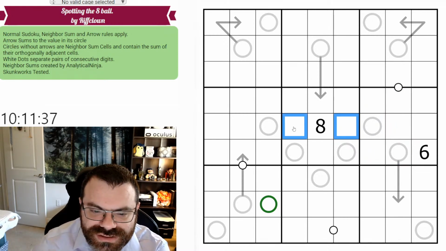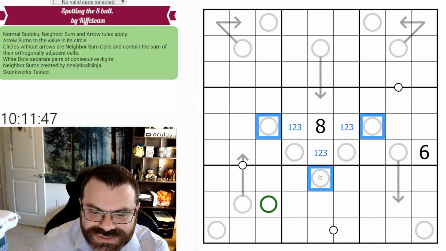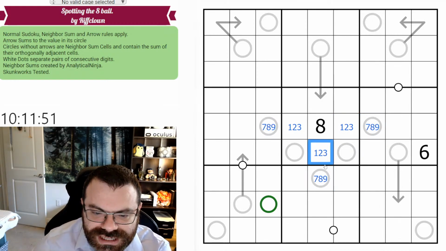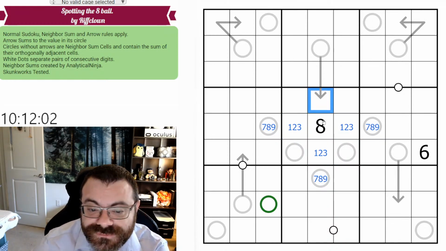It means that the odd cell out must be from 1, 2, or 3, because if it was a 4, we'd be adding 6 plus 4 and making 10. And so these are all 7, 8, 9. And the odd one out, this one, and this one are 1, 2, 3. And that does make a 1, 2, 3 triple, which is potentially interesting. It means that this cell has to be at least 4.